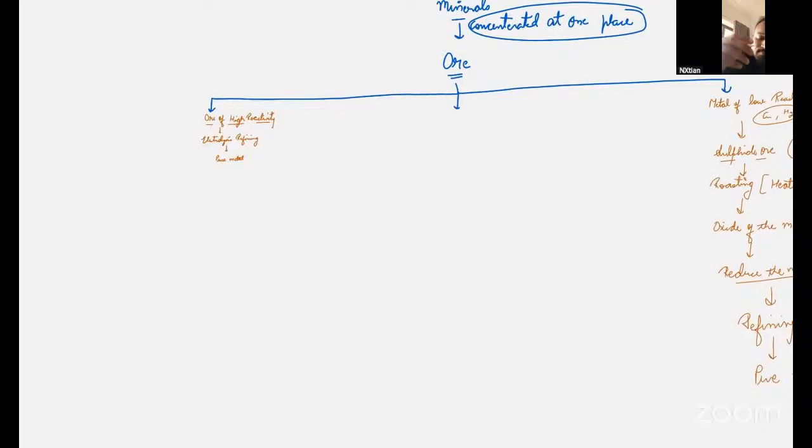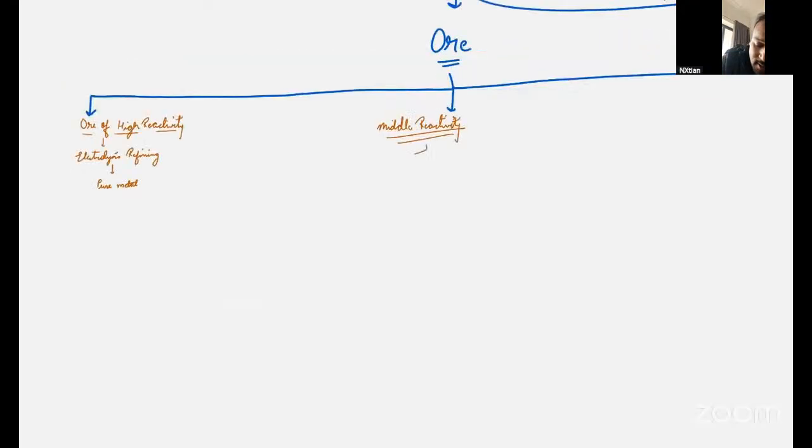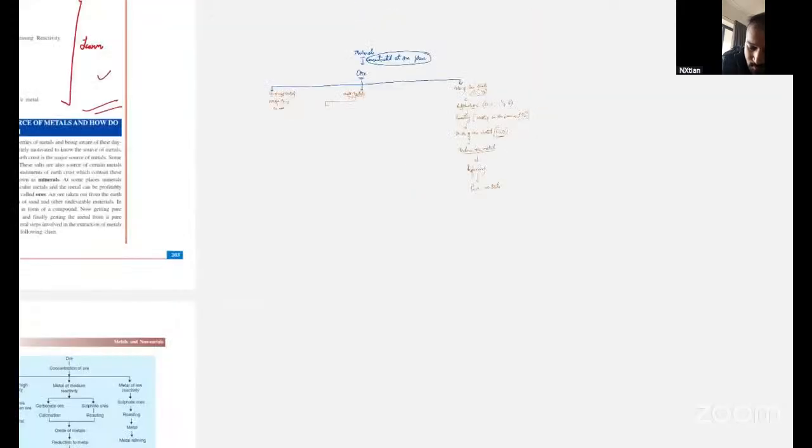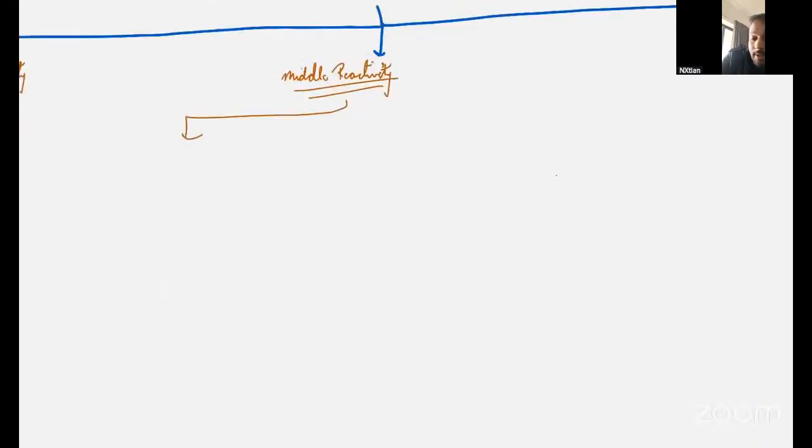Now, guys, please listen to me. If an ore is of middle reactivity, the ore of middle reactivity can be found in two forms.